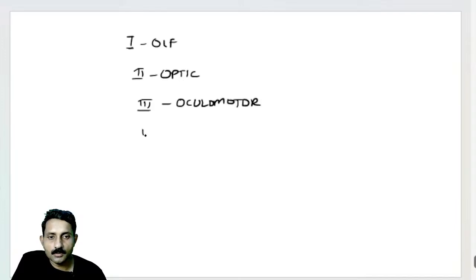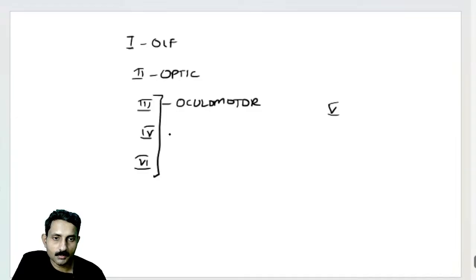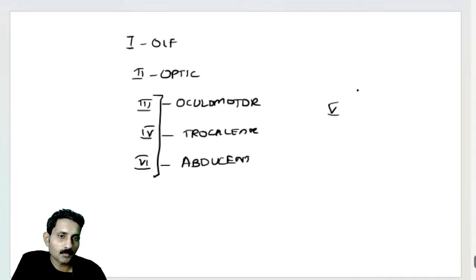Four and five we will keep separately, just to have an idea about this. Fourth is the trochlear nerve. Then sixth is abducens. Fifth is called trigeminal nerve.